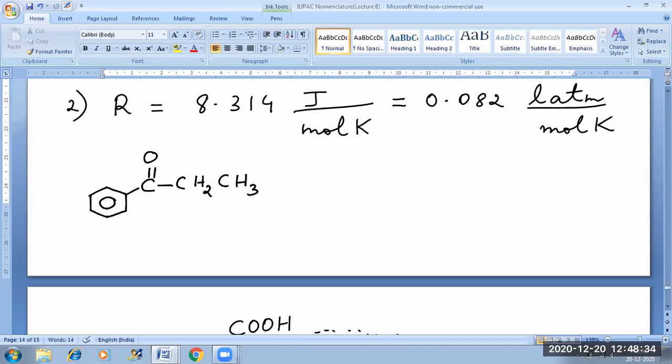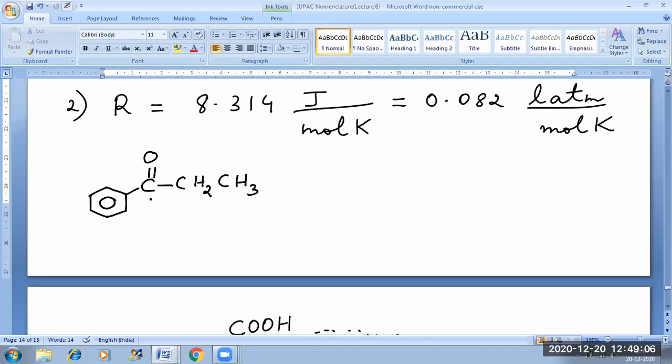Ketone. But that ketone carbon is connected to the benzene ring. The ketonic carbon is connected to the benzene ring, and there is no other principal functional group present.